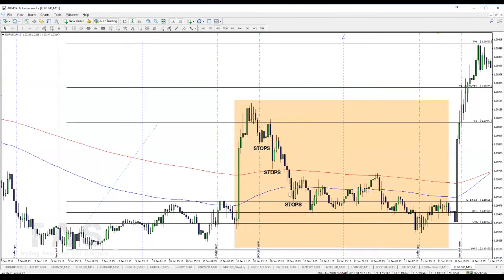So you want the hit of your fib to be one that takes out the stops. Here you could have entered here, then you have a whole day sideways, but then here you'd be rewarded.